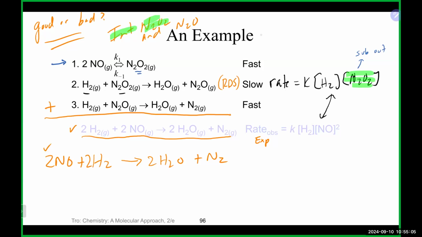We also see something that is different. Here are the arrows. It is heading in both directions, which means this step will reach equilibrium. Basically, that means the rate of the forward direction will equal the rate of the reverse direction. Because this is a reversible reaction, you have a forward direction heading to the products, and a reverse direction heading to the reactants.